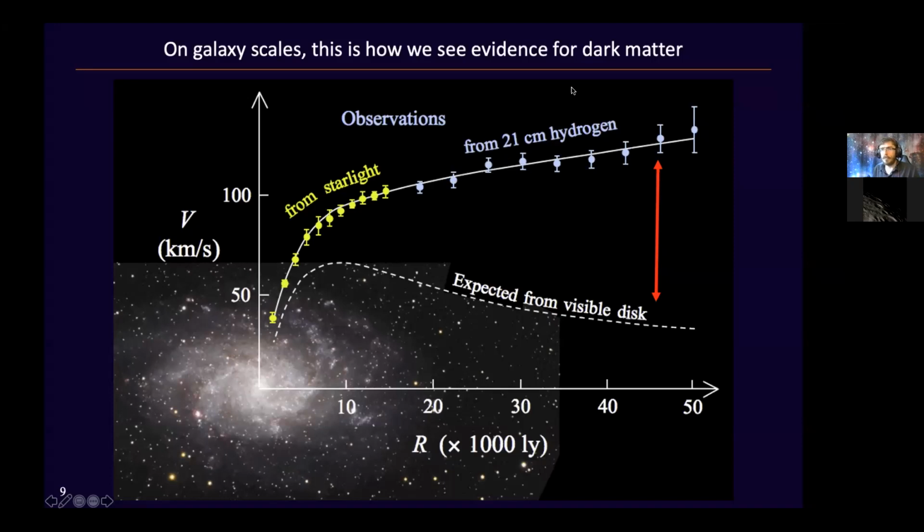And that doesn't match what we see in terms of the stuff in a galaxy. If you look at the stars, you can add up how much stuff there is in a galaxy. Because you can count the stars, if you will. You can add up the light and say, if the light that was in the galaxy is all the stuff that's there, what you'd expect is that the rotation curve goes up and then turns over and tails off.